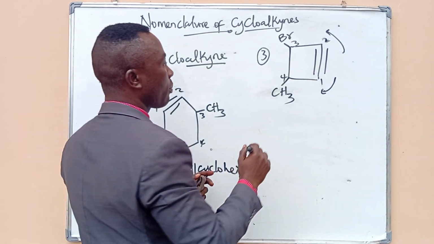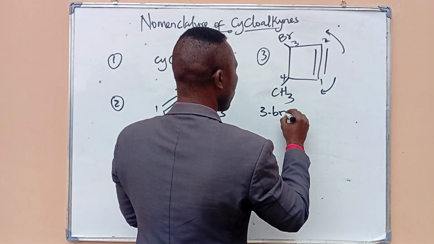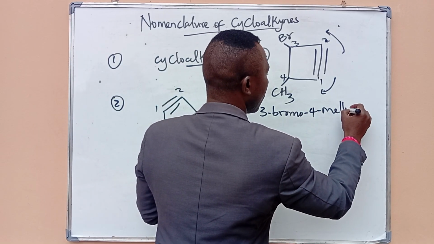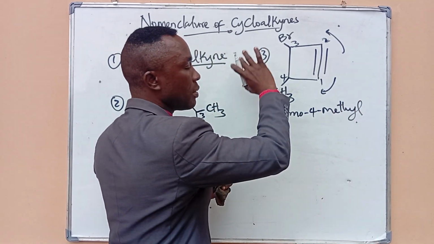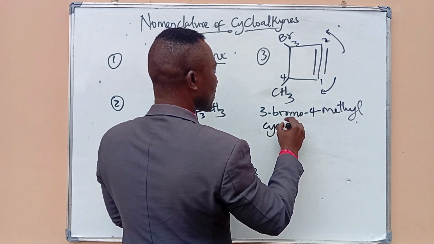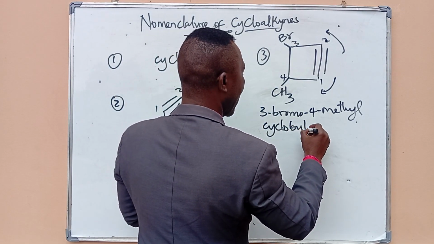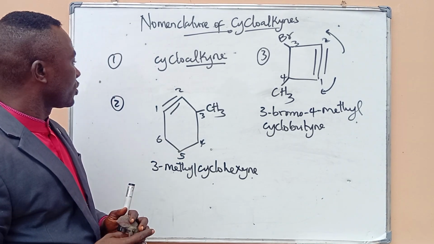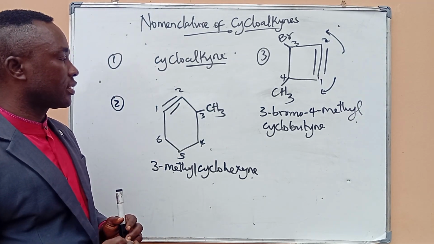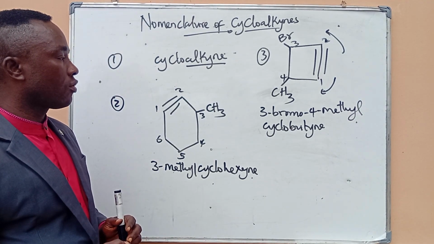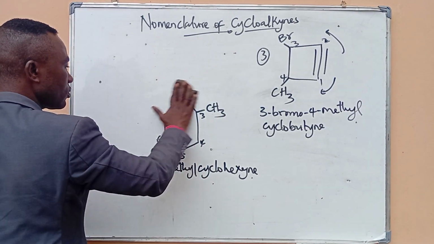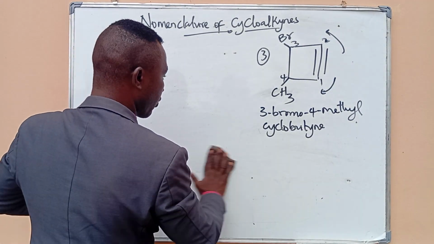So the name of the compound is 3-bromo 4-methyl. We can now name the parent compound, which is a cyclobutyne. So that is the name of the compound. So we have 3-bromo 4-methyl cyclobutyne. So that is rule 3.